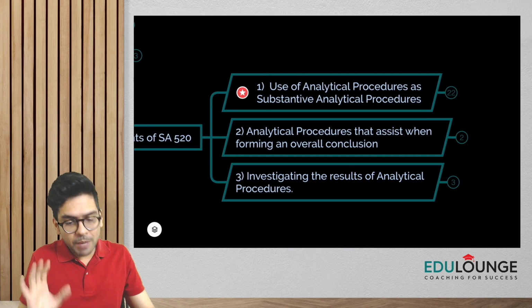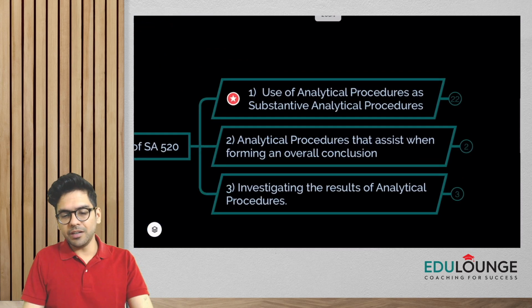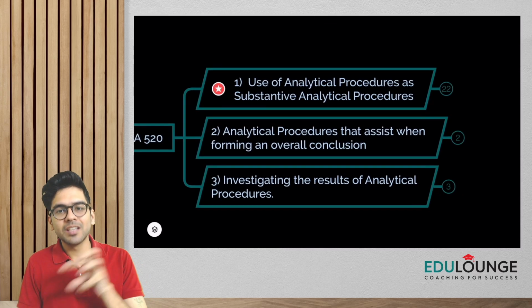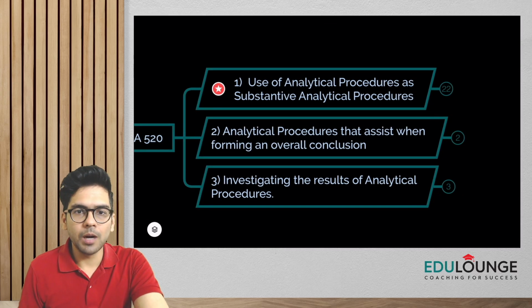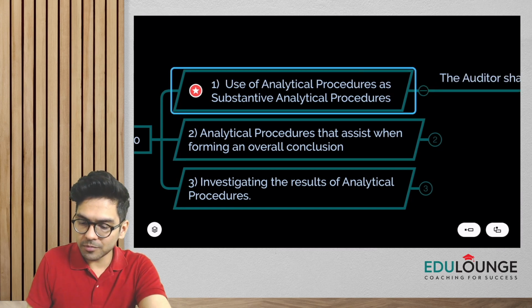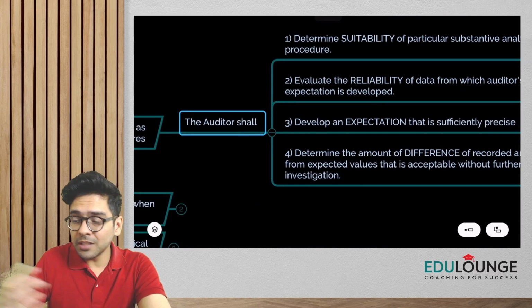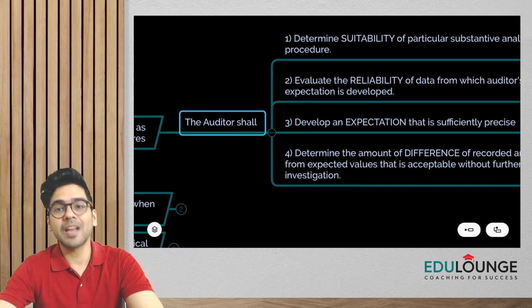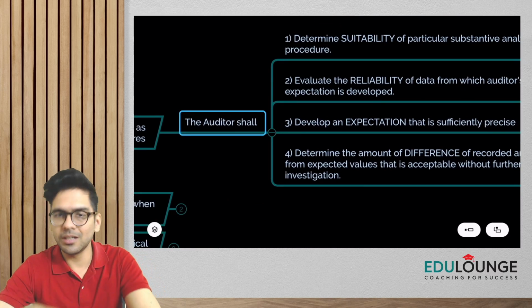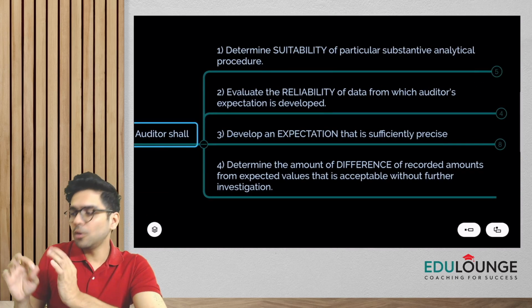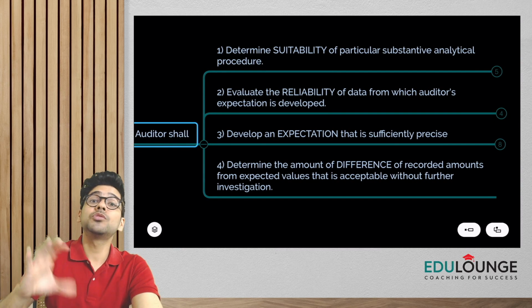The most important part of the entire standard is this one: use of analytical procedures as substantive analytical procedure. When you are using analytical procedures as substantive analytical procedures, you have to consider these aspects. Number one, you have to determine whether doing analytical procedure here would be suitable or not.